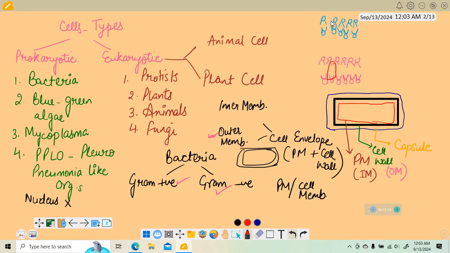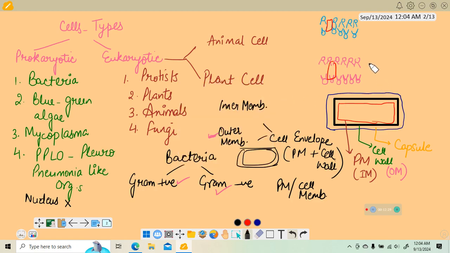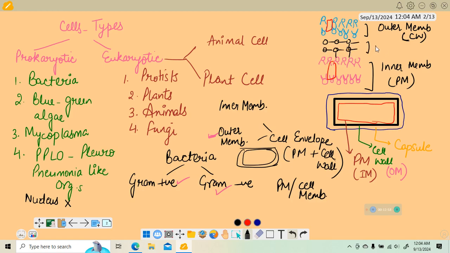Let's say here is some protein. Now this is the inner membrane or plasma membrane, you can say, and this is the outer membrane or cell wall. Inside this we have peptidoglycan.